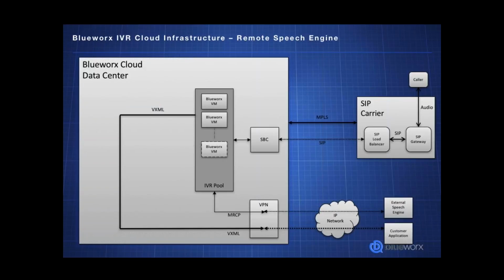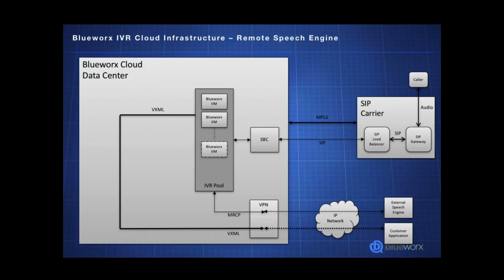Going one step further, this customer also wanted to use their own speech engine. And this is the model that we use for Watson Speech as well. Watson Speech isn't available to install locally, and so it's a cloud service. It's actually hosted on SoftLayer, so this is very quick from SoftLayer to SoftLayer.